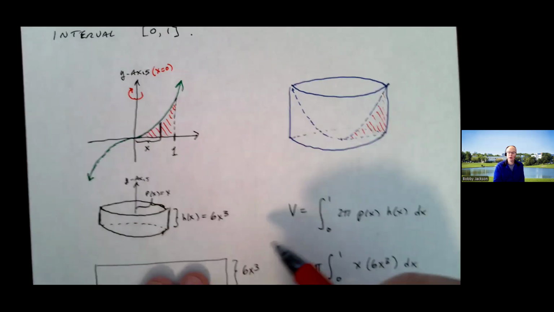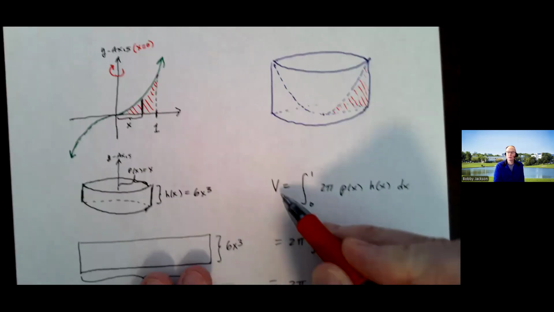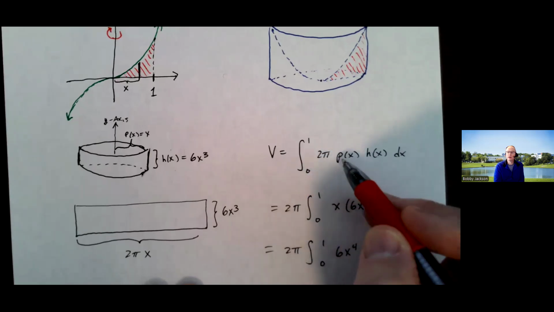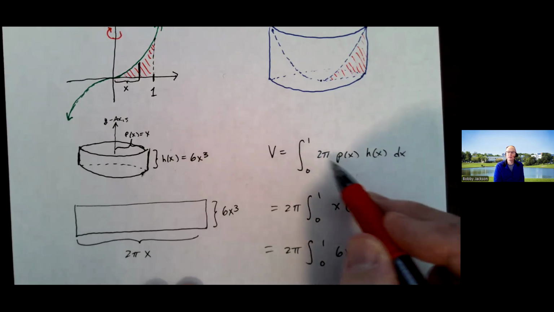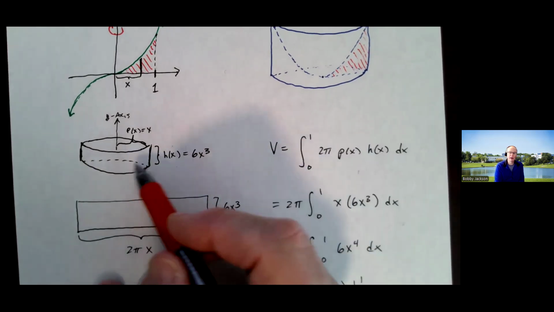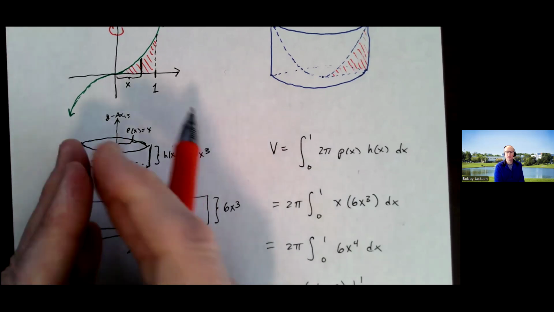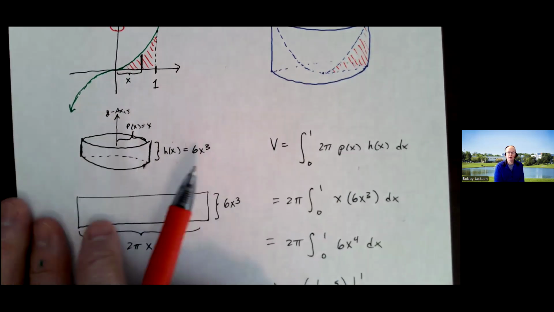And so if you remember, here's the formula for it. Where does this come from? 2 pi p of x h of x is the area of that shell, that we're integrating from 0 to 1. And where do I get that from? Well, if I cut open this thin shell and unroll it, I'll get a rectangle, right?